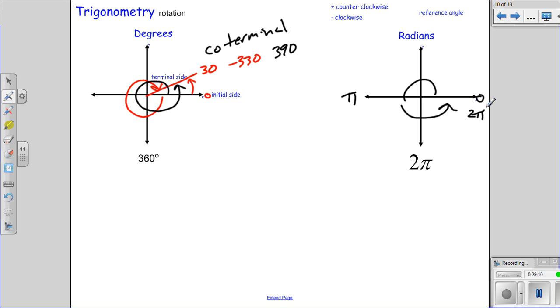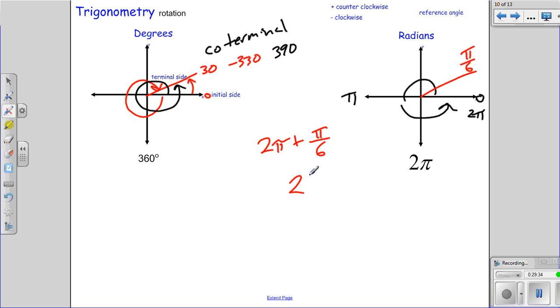Let's pick the exact same terminal piece. A 30-degree angle in radians is pi over 6. I'll show how to convert that in a second. So how do we get coterminal elements here? It's very simple. If we have pi over 6, we just add another 2 pi to it.